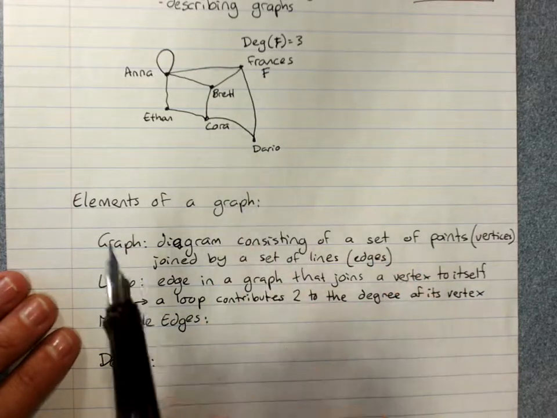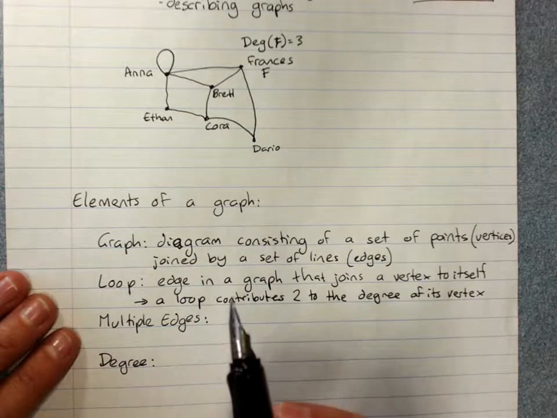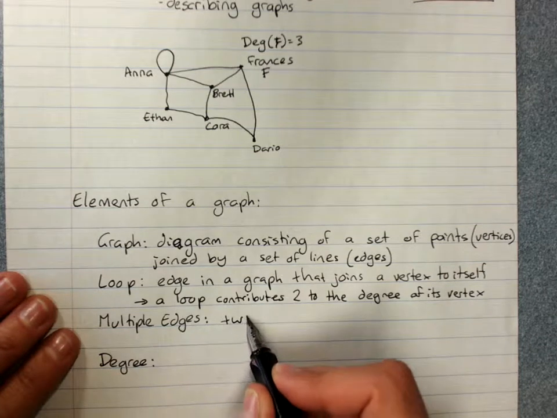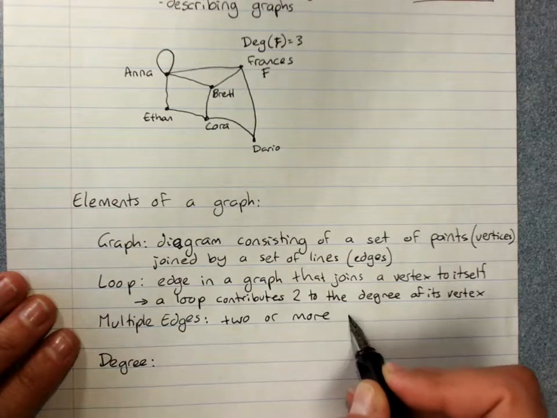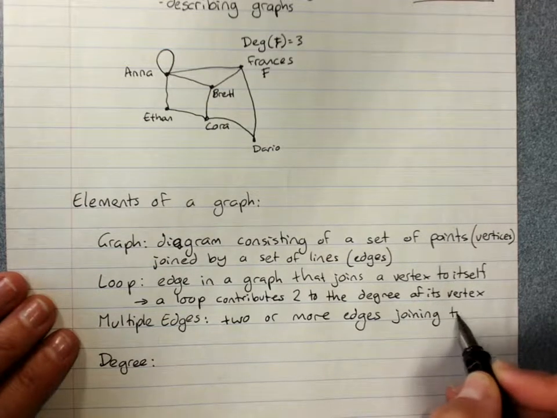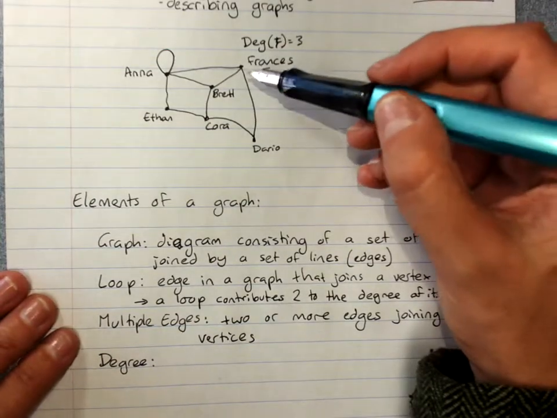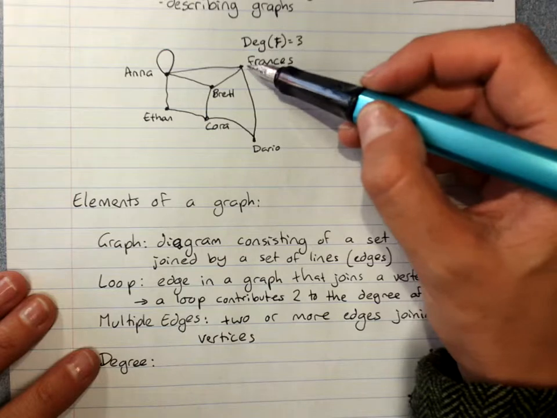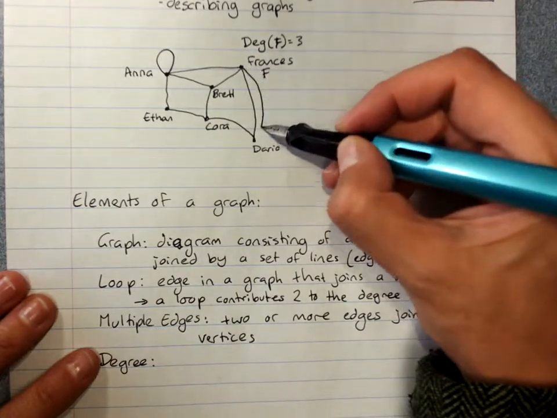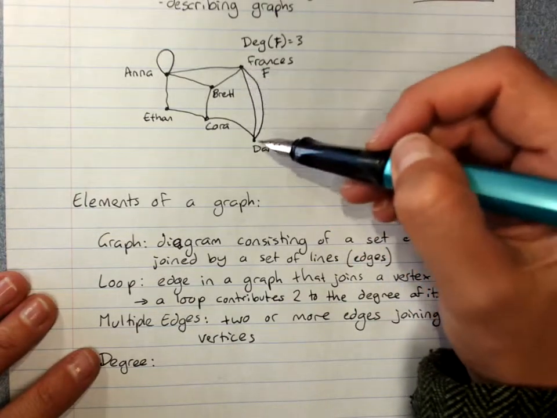Multiple edges. Now I don't have any multiple edges here. Multiple edges is when there's 2 edges or more joining the same 2 vertices. So if, for example, Francis actually had 2 accounts and friended Dario on both of them, then we could see a multiple edge creeping in.